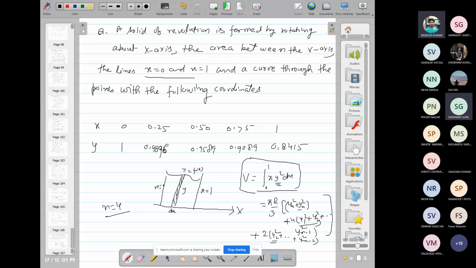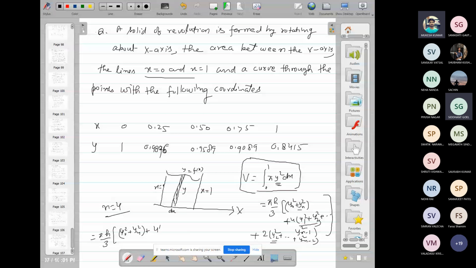The formula will be pi h by 3 times y0 square plus y4 square plus 4 times y1 square plus y3 square plus 2 y2 square.